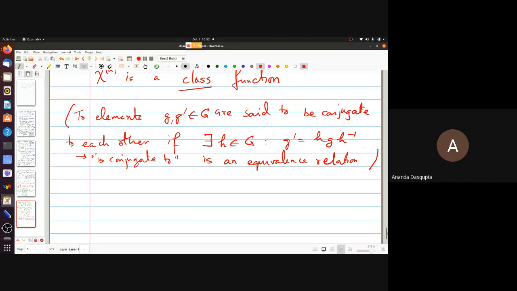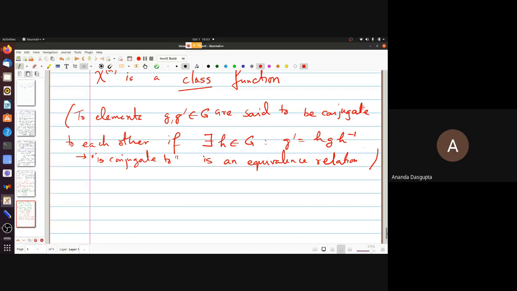It's a relation which is reflexive, symmetric, and transitive. Reflexive means every element has to be related to itself. So how do you show that G is conjugate to G? Using identity. You have to just show one H which will do the job. Just use identity. G is E G E inverse. Done. And G is also G G G inverse, right? So this H does not have to be unique, but it has to exist.